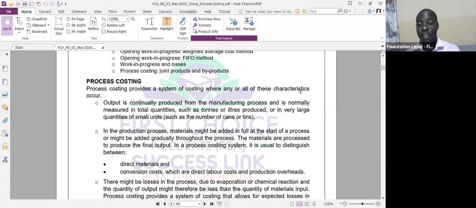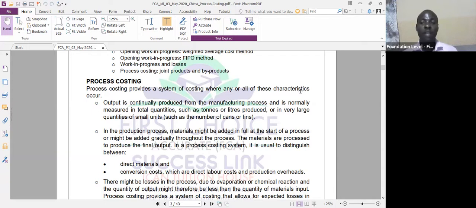Now look at these characteristics of process costing. Output is continually produced from the manufacturing process and is normally measured in total quantities such as tons or liters, or in very large quantities of small units, such as the number of cans or tins.